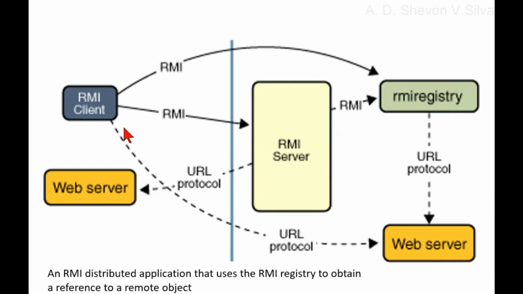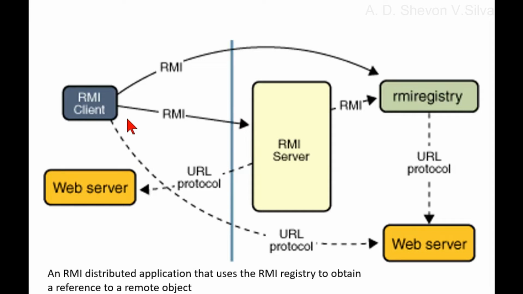A typical server program creates some remote objects, makes references to these objects accessible, and waits for clients to invoke methods on these objects. A typical client program obtains a remote reference to one or more remote objects on a server and then invokes methods on them.